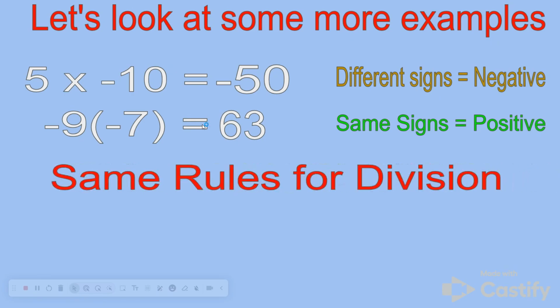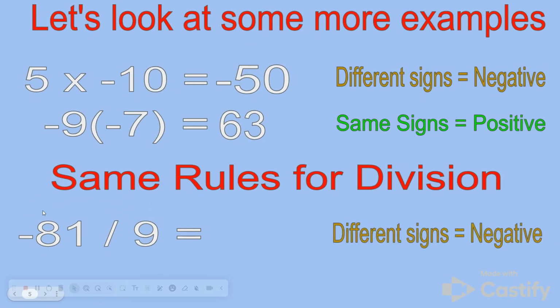And it's the same exact rules when we divide. When I look at this problem, I have negative 81 divided by positive 9. One's negative, one's positive. We have different signs, so it's a negative answer, and 81 divided by 9 is 9. So negative 81 divided by positive 9 would be negative 9, because signs are different. Negative answer when we divide, just like with multiplication.